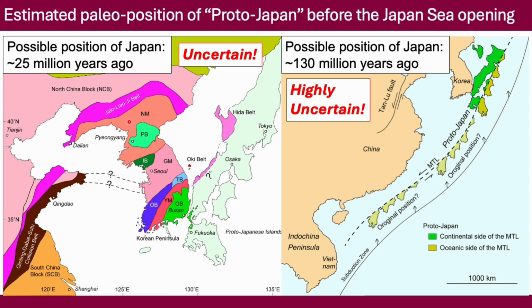The figure on the left side shows the possible position of Japan about 25 million years ago, before the formation of the Japan Sea. And the figure on the right shows the possible position of Japan about 130 million years ago. We refer to the ancient geological position and configuration of Japan as Proto-Japan. However, the position and origin of Proto-Japan, especially in the older geological periods, are still uncertain.